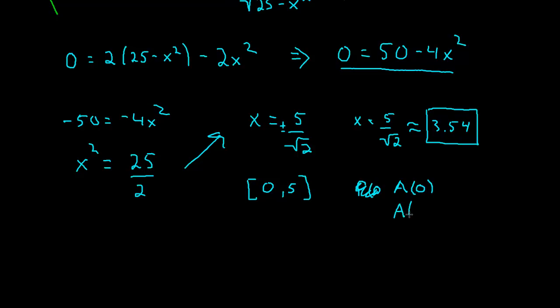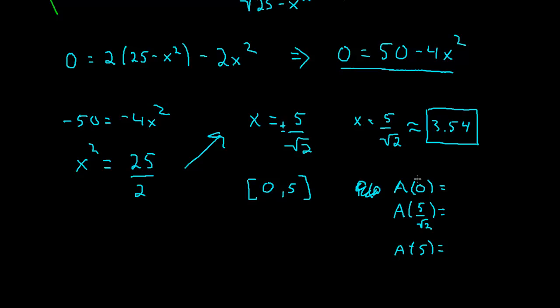So really what I need to do, just to make sure, even though we really know that this thing is the answer, is test these things in our original area function. The smallest value is going to be a minimum, and the largest value is going to be your maximum.